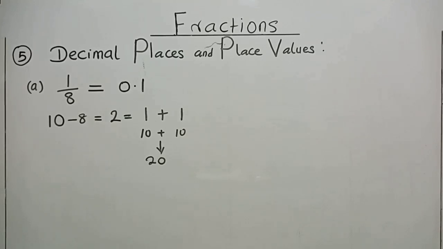What is the number nearest to 20 that this 8 can divide without remainder? Is it 8? Is it 12? Is it 16? Is it 20 itself? No. The answer is 16.